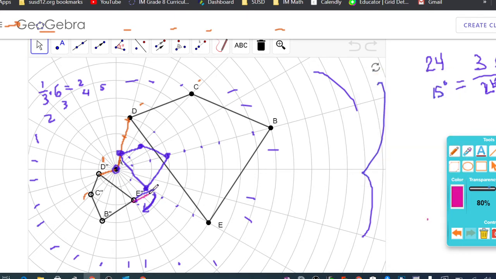Okay, so if I rotate 15 degrees, 1, 2, it's going to be something like, I'm not really good at using a circular grid because you have to really imagine it. It's going to be something like there, and then 1, 2. I think I really messed up. No, 1, 2. Yeah.